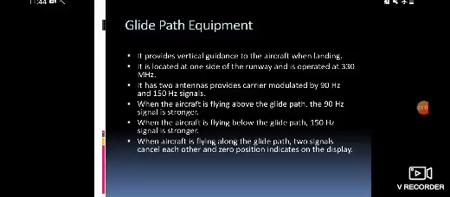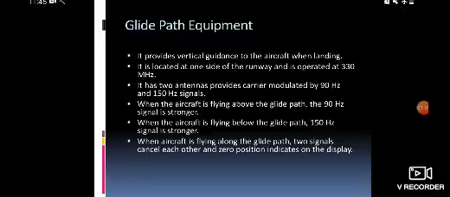Okay, so when the aircraft is flying along the glide path, the two signals cancel each other, and we will see a 0 position on the display, same as the localizer. But the localizer tells us, whenever we are landing on the runway, whether we are on the right side, the left side, or the center of the runway.